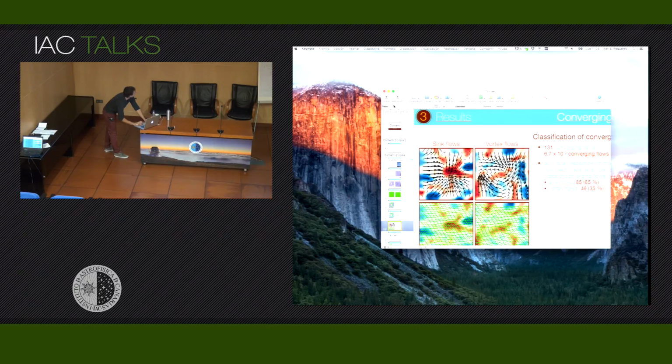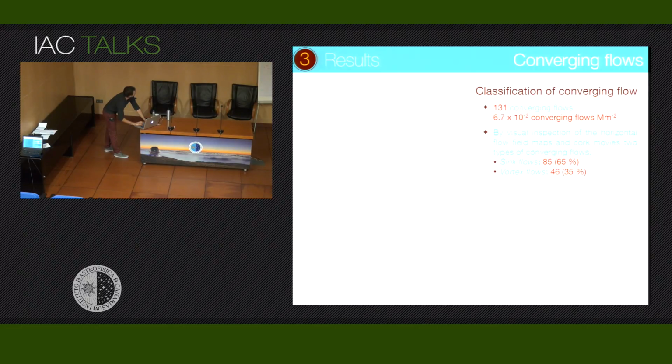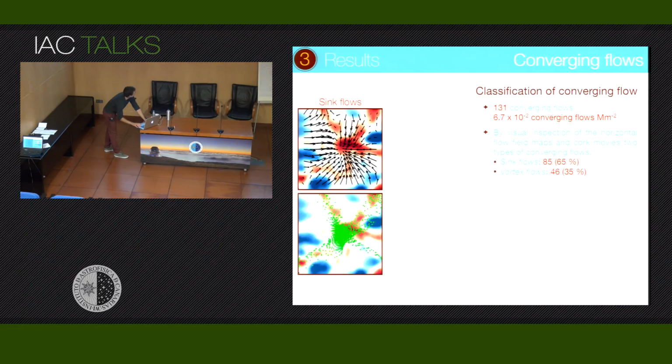For example, here, the corks end up in these locations because we have converging flows. So if we have a shear, then the corks end up somewhere else. I don't know if I explained.